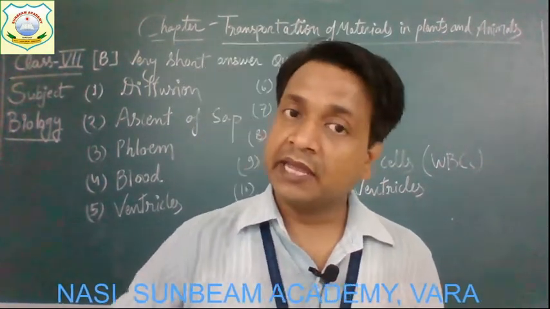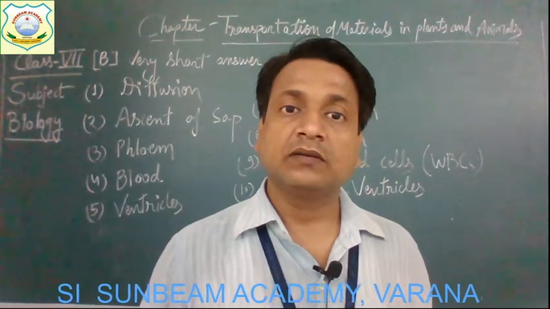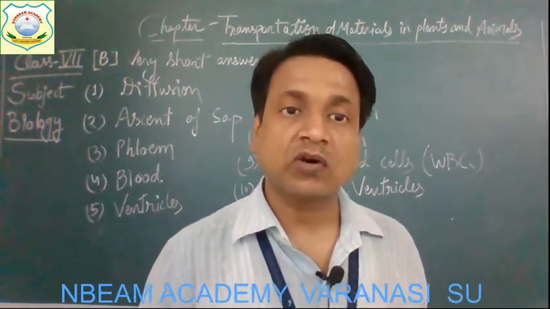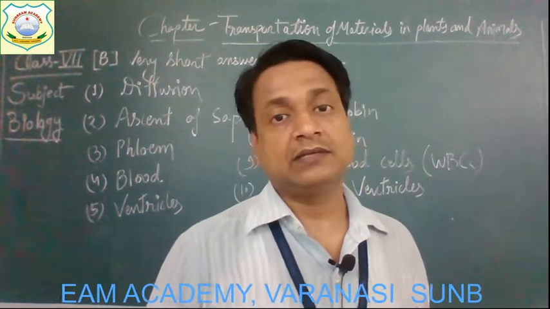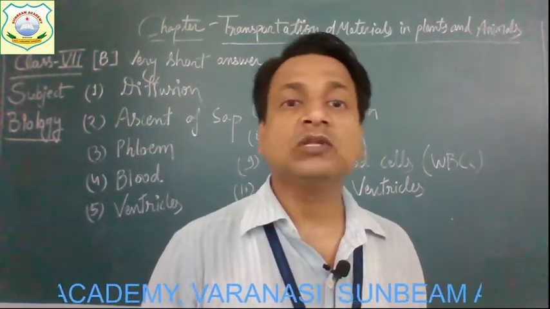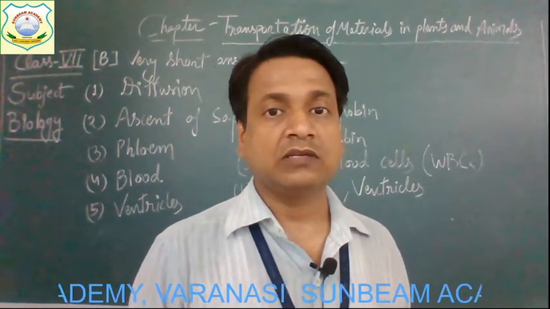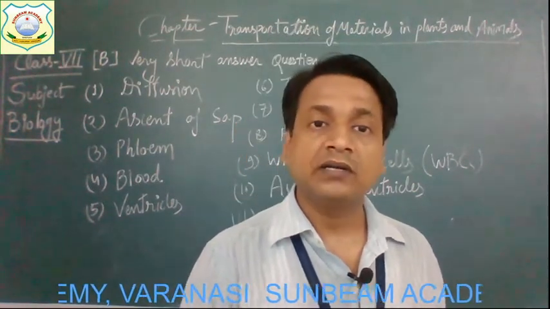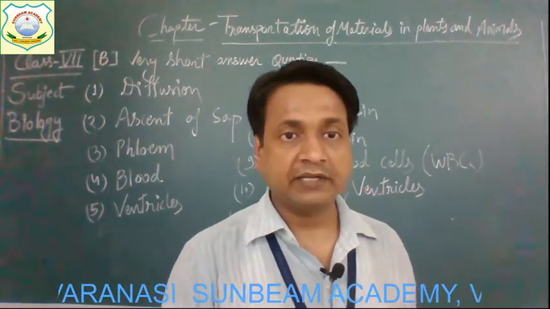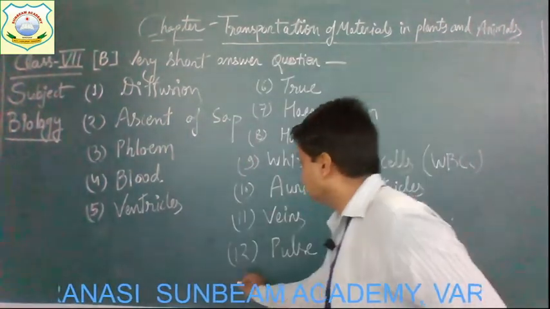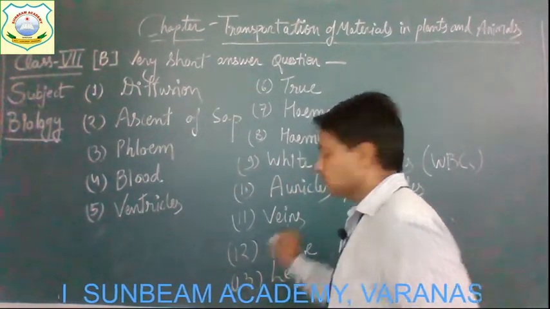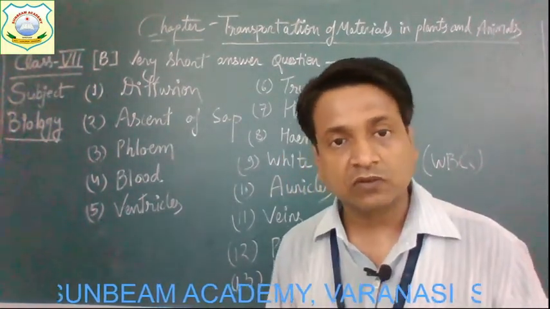Again it comes back when oxygen gets utilized and it gets deoxygenated on the right side of the heart, and from there it goes back to the lungs for purification. So the left side of our heart has the oxygenated blood. Get it? So the answer to question number 13 is left side. Got it, children?